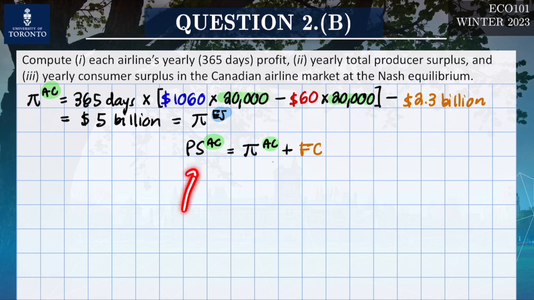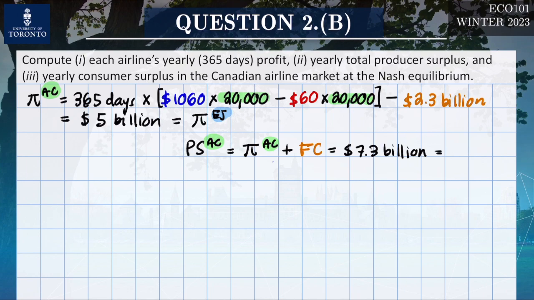This is because the definition of producer surplus is simply the total revenue minus the variable cost. So really the only difference with the profit is the fact that producer surplus doesn't have the fixed cost of production. So we are just here adding the fixed cost in order to get just total revenue minus variable cost. And we get that the producer surplus for one company is $7.3 billion for a year.